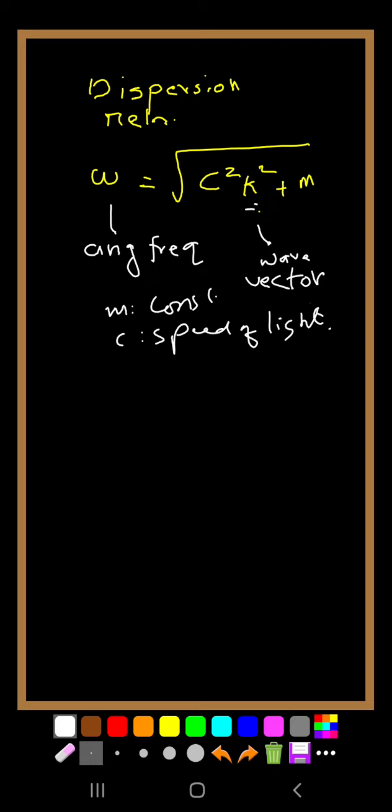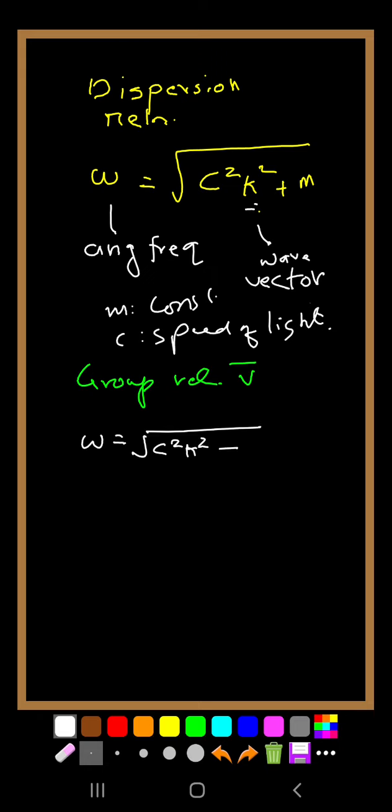Now, what are the properties of the group velocity v? So you can see that if omega square is equal to c square k square plus m, we need to find out the group velocity, and that is d omega by dk.